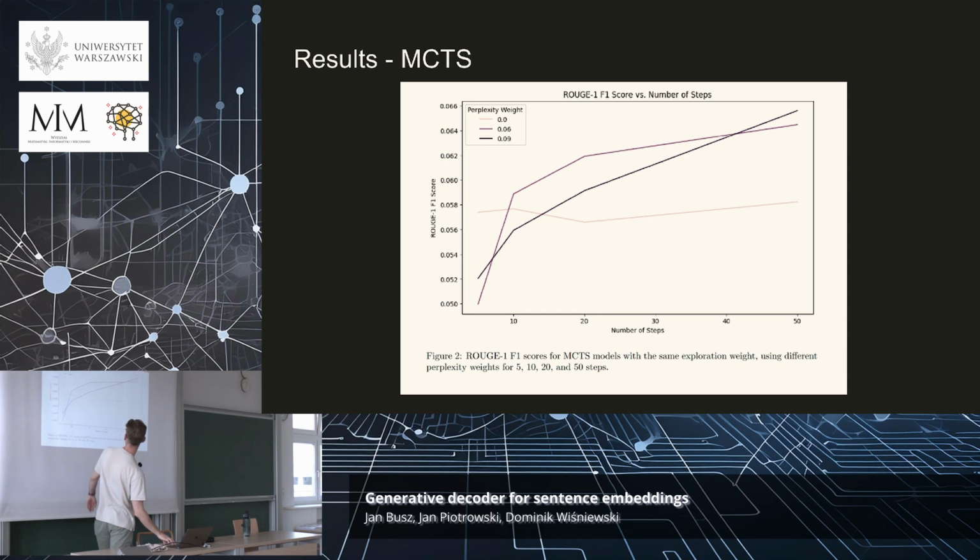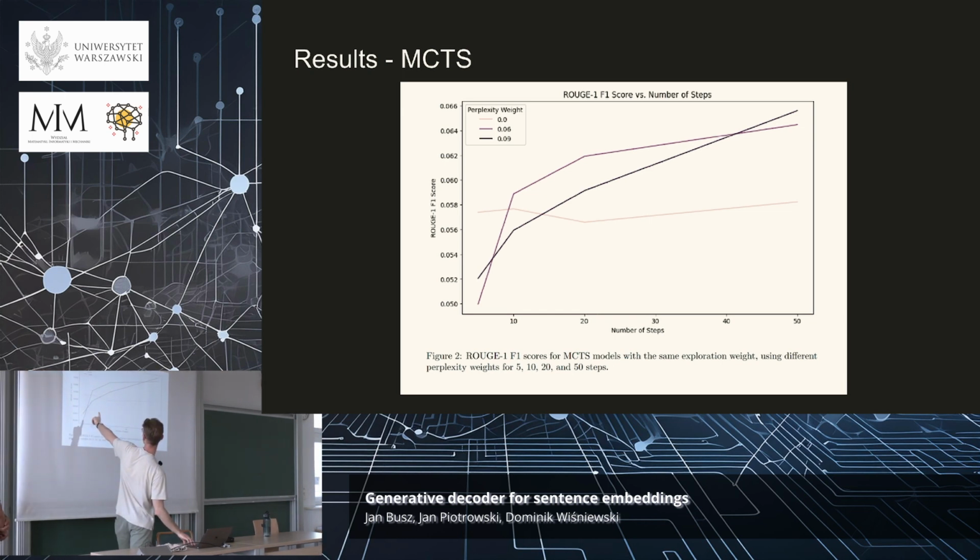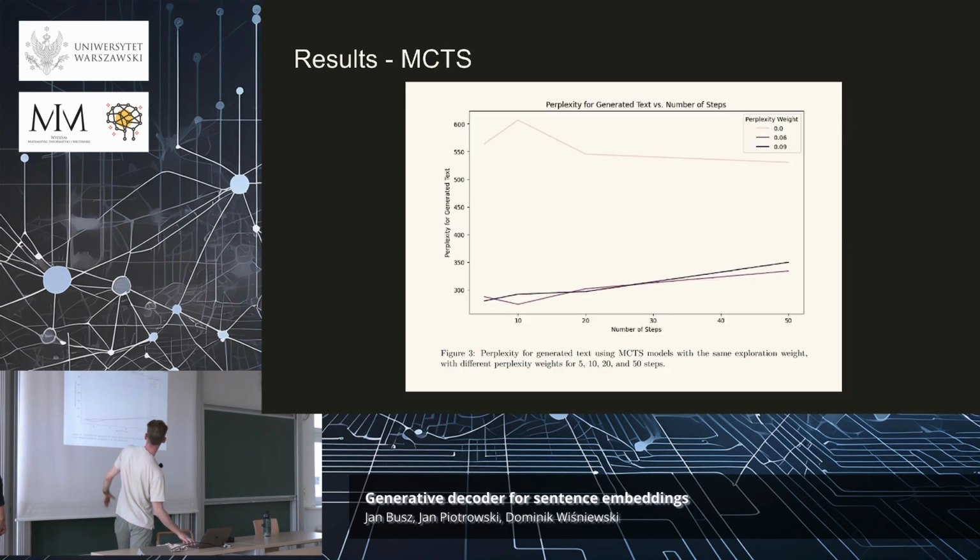In the second one, we see the ROUGE-1 F1 score, so higher is better. We can see that with some perplexity weight, it's rising. Of course, for perplexity, lower is better, and we see that with perplexity weight we have lower perplexity. So MCTS with perplexity weight works. That is also a nice message for us.